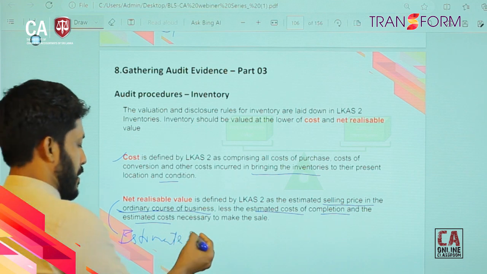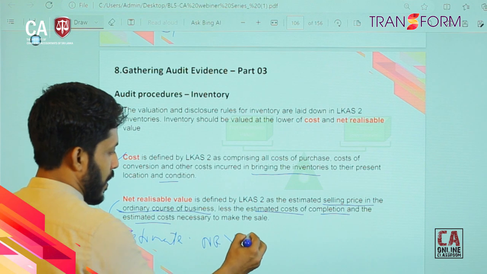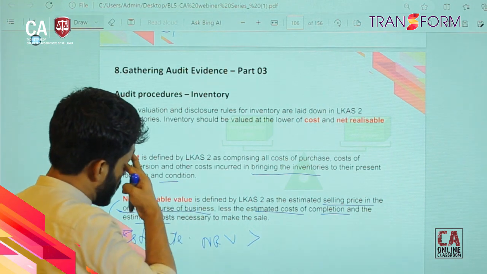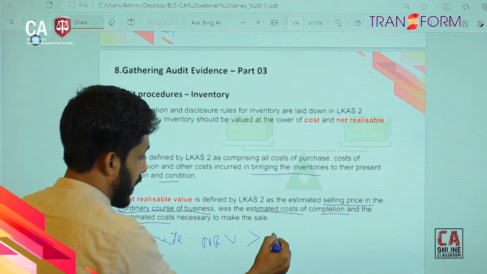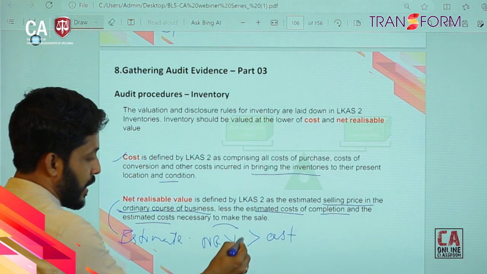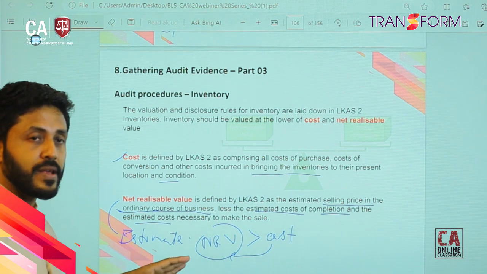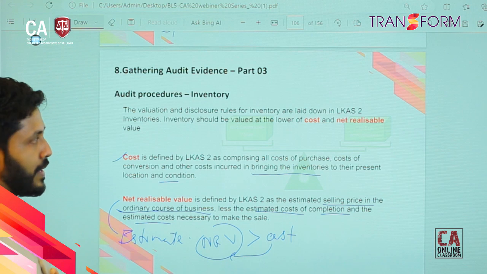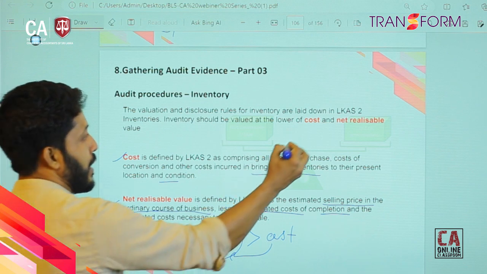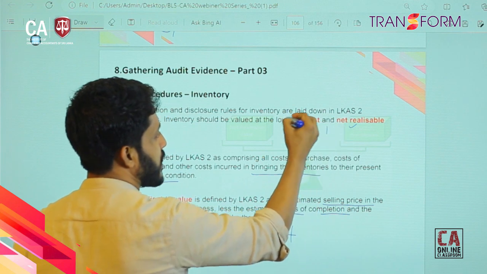Normally, as I said, NRV is higher than the cost. NRV higher than the cost, but in some instances NRV එක cost එකට වඩා අඩු වෙන්න පුළුවන්. එතකොට අපි NRV එක තමයි books වලට ගන්න වෙන්නේ. එතකොට තමයි අපි කියන්නේ NRV and cost whichever is lower.